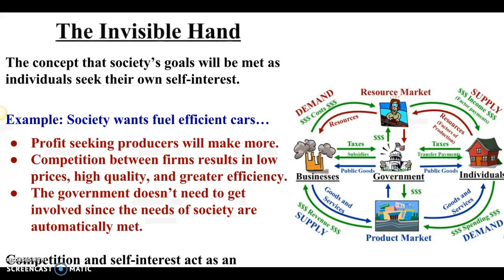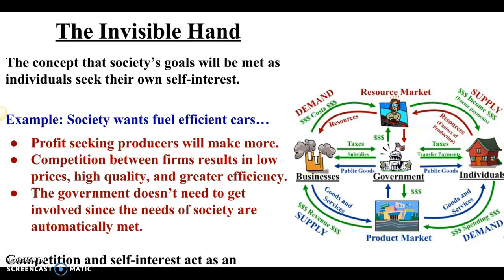So that brings us to a concept called the invisible hand. It's a concept that society's goals, self-interest, will be met as long as everybody is doing their self-interest. So, for example, if society wants fuel-efficient cars, right, profit-seeking producers will make more. Competition will then be spurred, lower prices, greater efficiency.